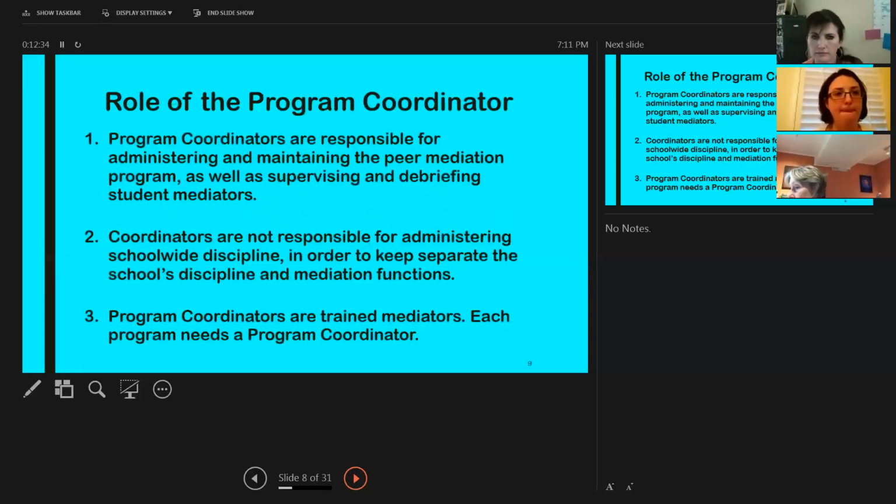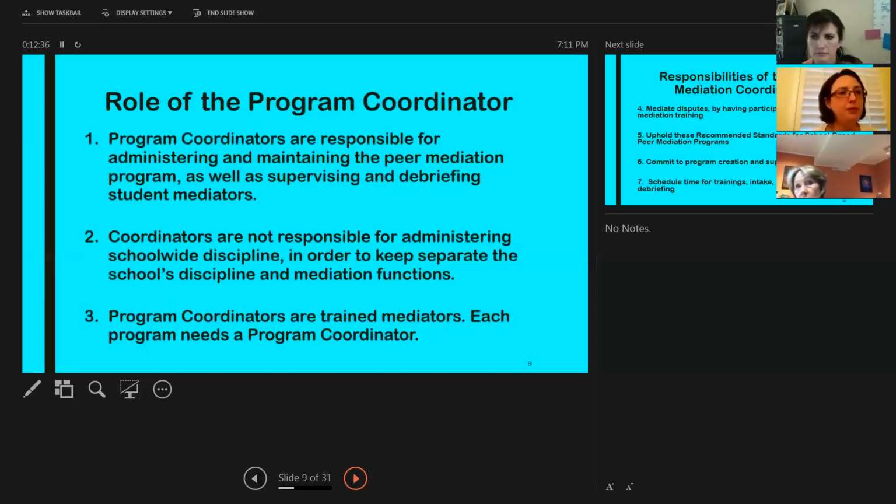Okay, so you can see here, number one, coordinators are responsible for administering and maintaining the program. So this goes along with training. Well, first, before you train your students, you have to select your students. And it's based on certain criteria outlined in the standards. So once you select your students, you're training the students, and you're maintaining the program.